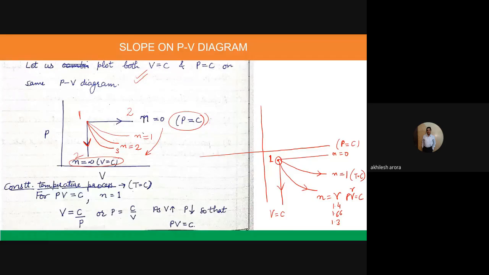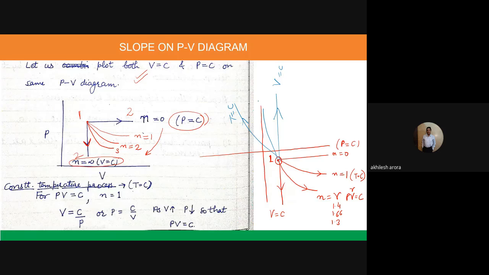So this is how we can say that these are the various processes we are representing. Now we can extend these lines in this direction also. So you can say this is also a constant volume process. This one, volume is equal to constant, and this curve is a constant temperature process, and I can take this.